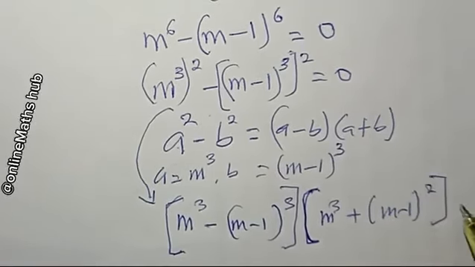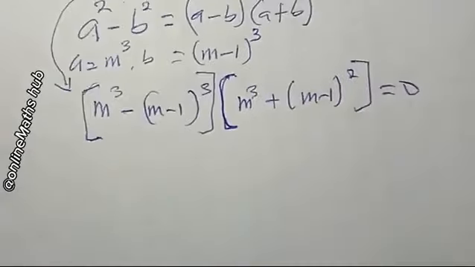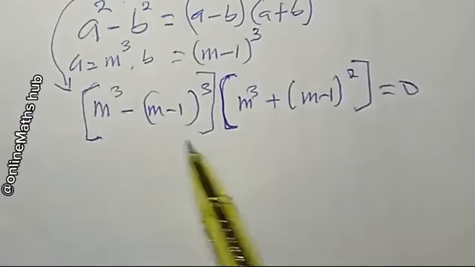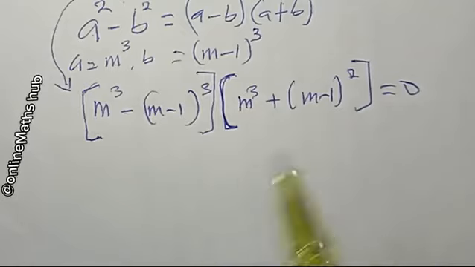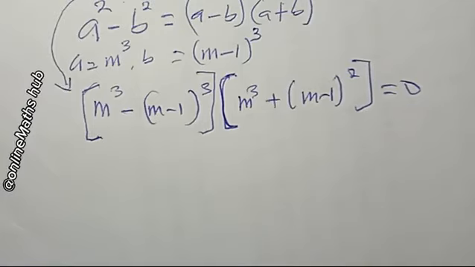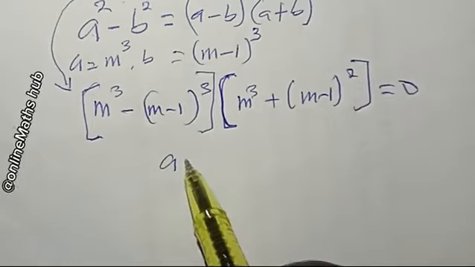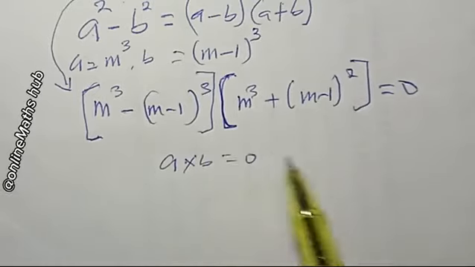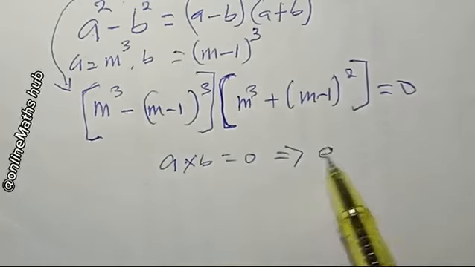Of course, it's still equal to 0. The product of these two terms gives us 0, so we're going to use the zero product rule, which says that if you have two terms multiplying themselves, a multiplied by b is equal to 0 only if either a is equal to 0 or b is equal to 0.